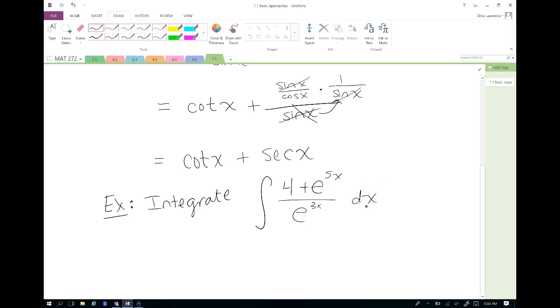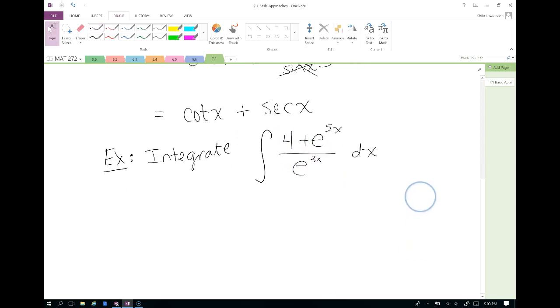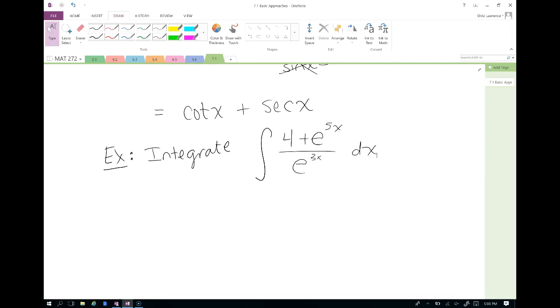Now, it is a quotient again, so that is the first indication we might want to try u substitution, but if we do a u substitution for our denominator, e to the 3x, the derivative is also going to have an e to the 3x in it, and my numerator does not have another e to the 3x to get rid of. So u substitution is not going to work here because the two functions we're dealing with, our numerator and denominator, do not have a du over u relationship.